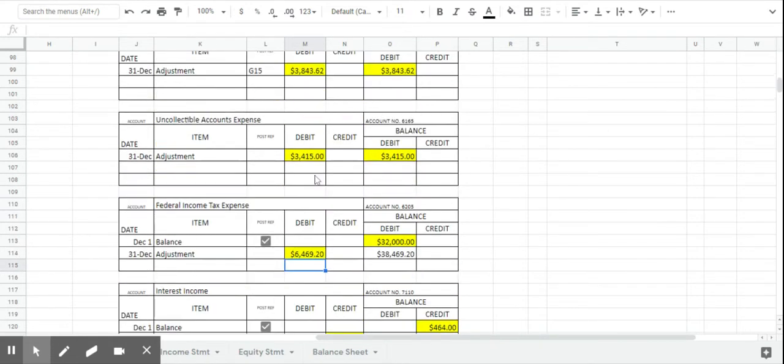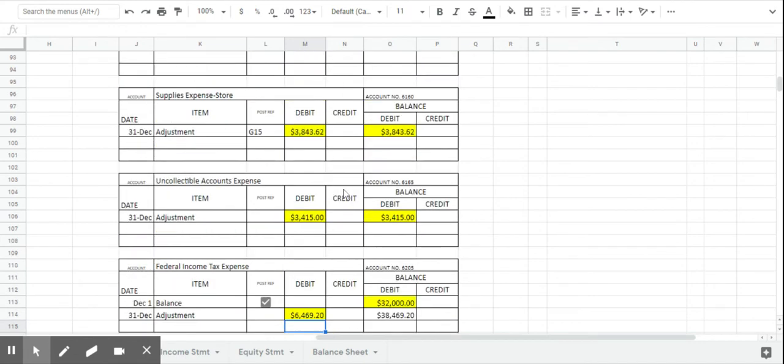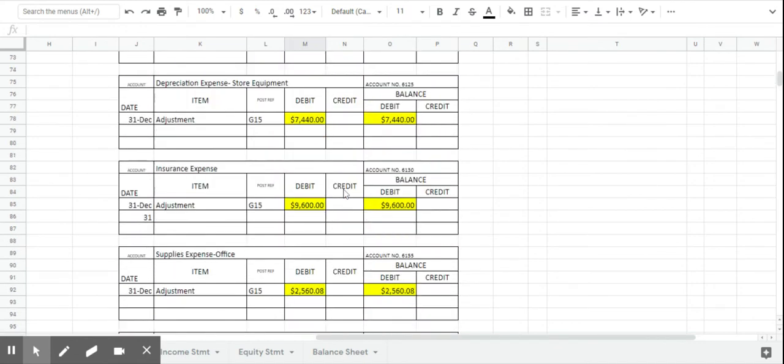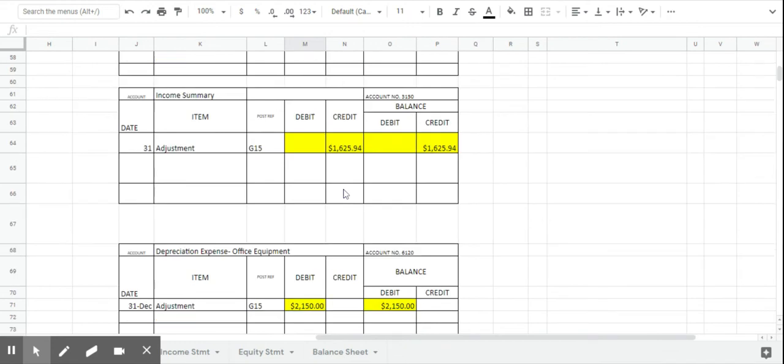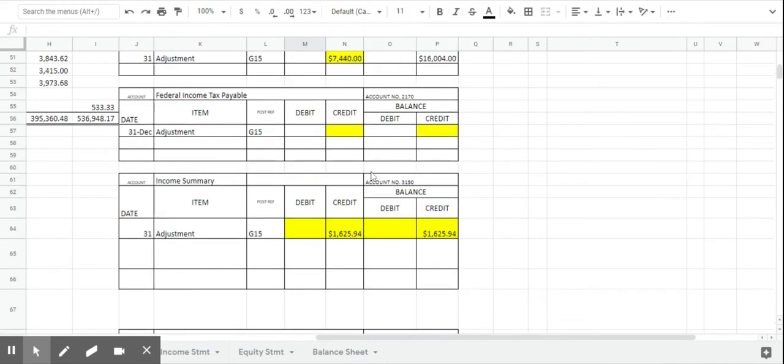So now you can go up, take the same number, go up or back if you're doing paper and pencil, and we're going to put that number there on the credit side. 6469.2. And that means that's the new balance, 6469.2.